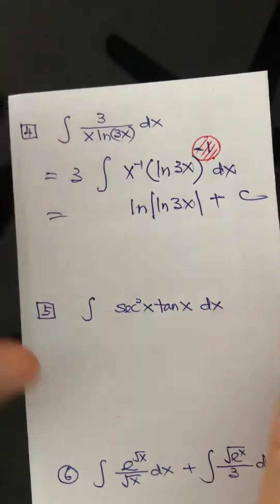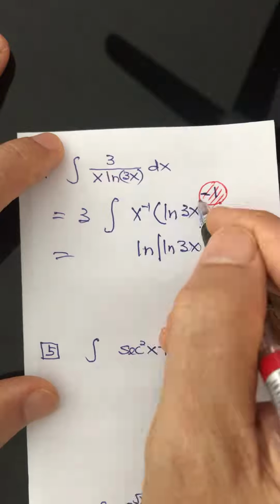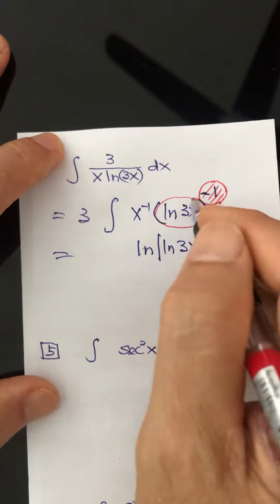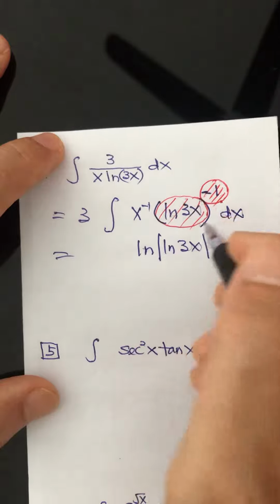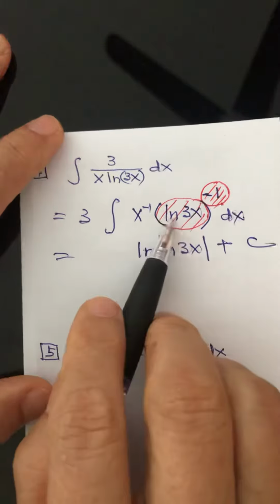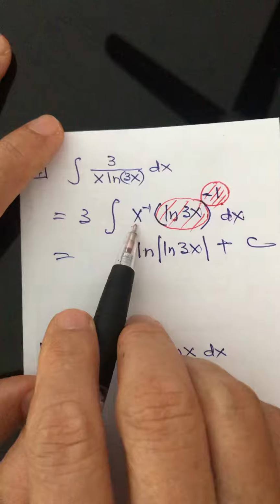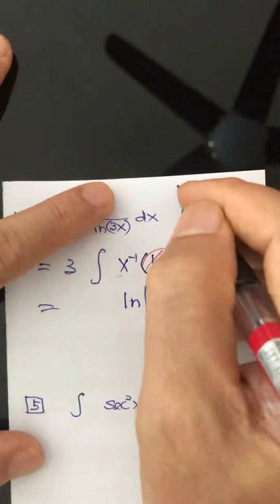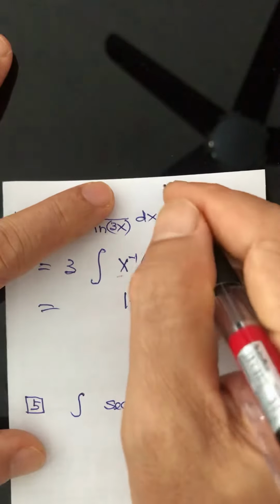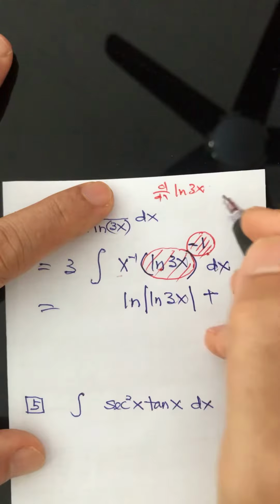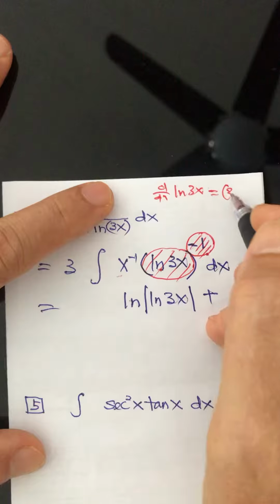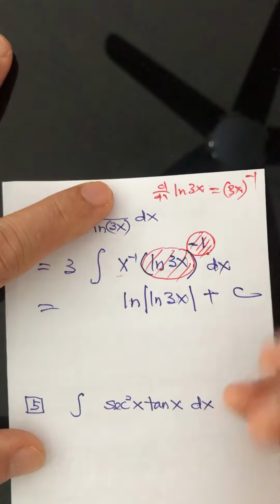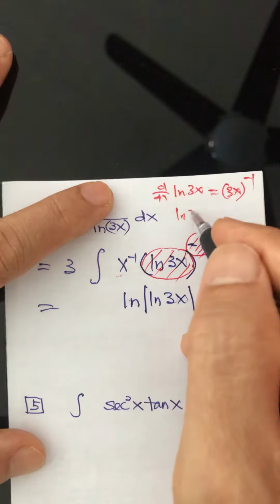But not yet finished. You have to differentiate this. When you differentiate this, what do you get? Okay, never mind, we differentiate. Ln 3x, when I differentiate, I will get (3x)^(-1). Okay, you see, I differentiate ln 3x.